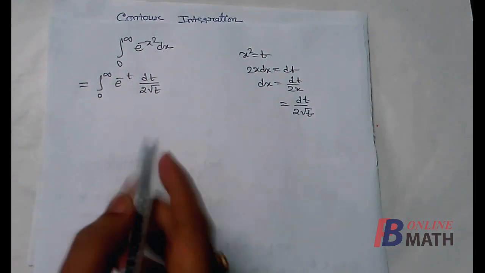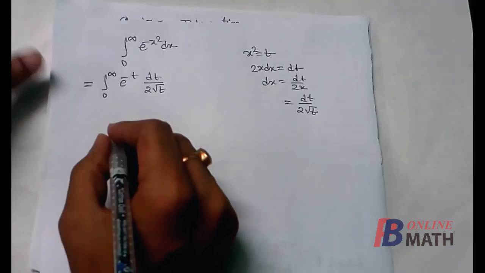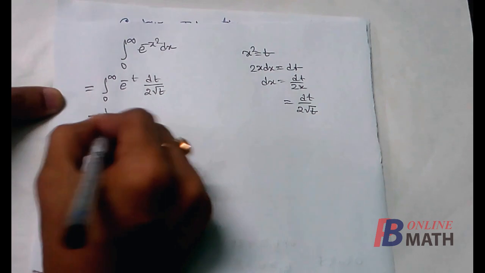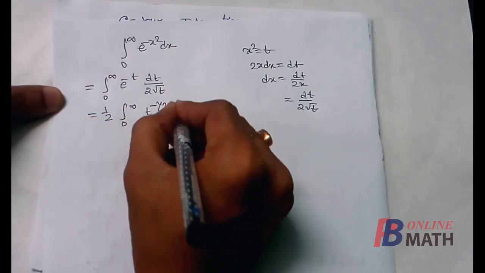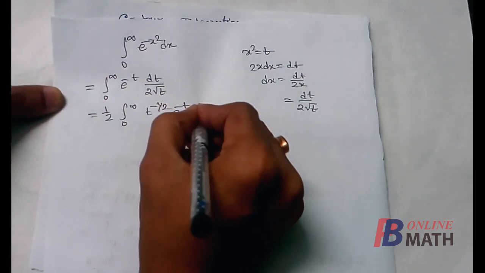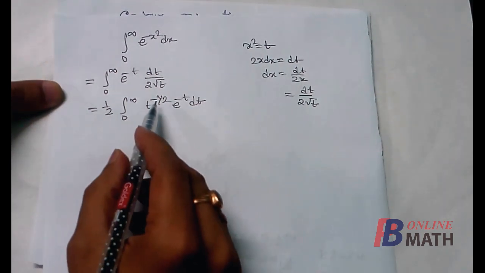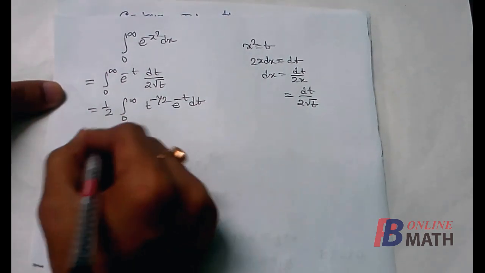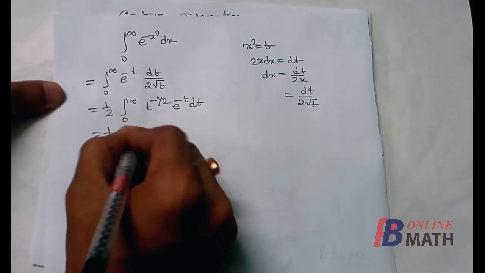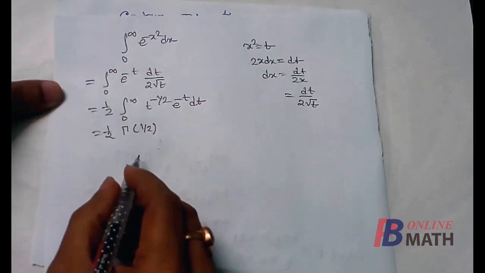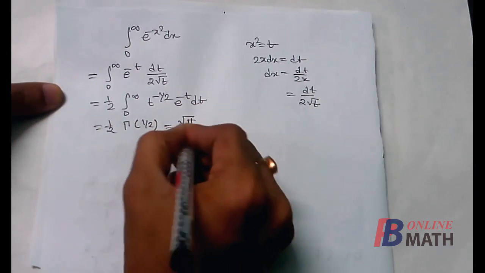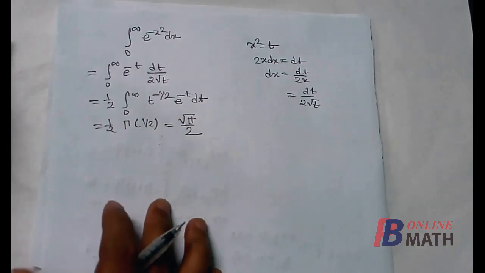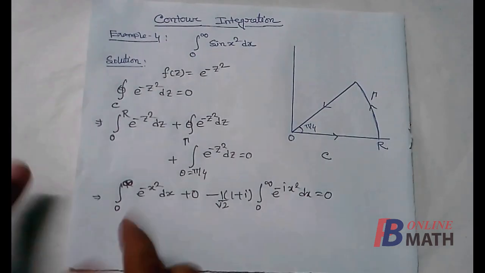Taking 1/2 outside the integral, it is half the integral from 0 to infinity of t^(−1/2) e^(−t) dt. Now −1/2 can be written as 1/2 − 1. So this is nothing but the gamma function Γ(1/2), and we know that the value of Γ(1/2) is √π. So it is √π/2. So the value of this integral is √π/2.